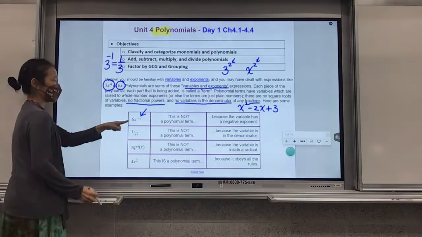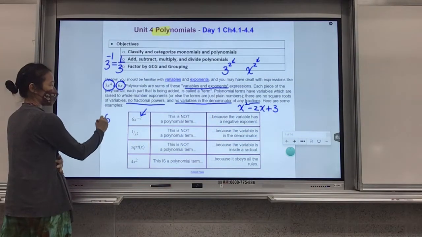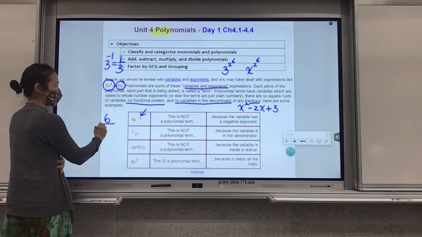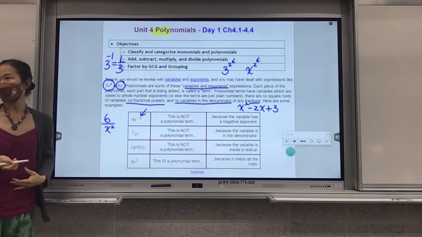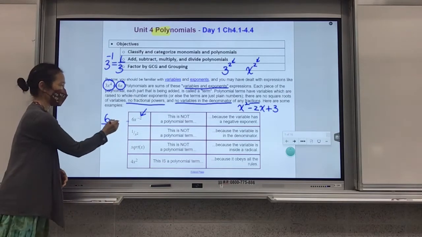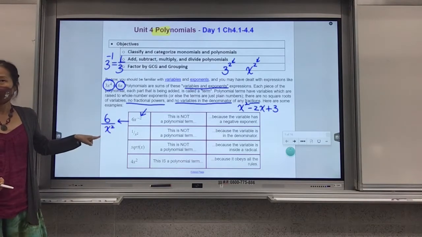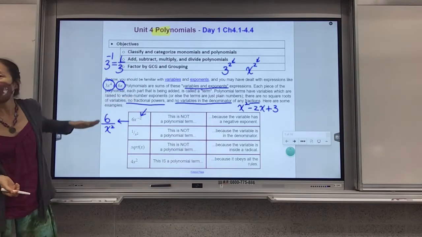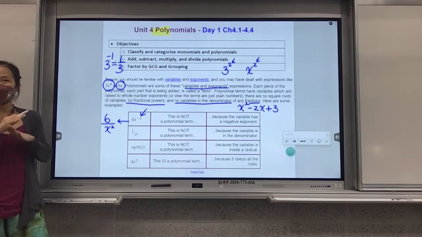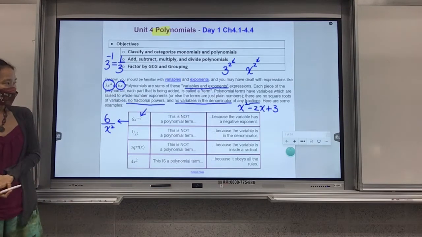So really, this is the coefficient 6 divided by x squared. That is equivalent. So we cannot have a variable in the denominator, and the negative power will cause that to happen. So that is not a polynomial.